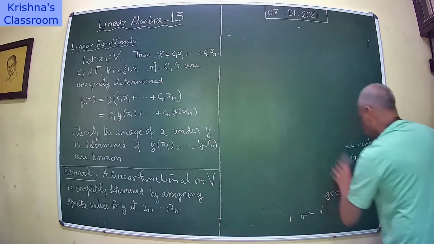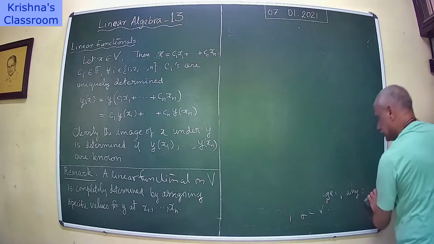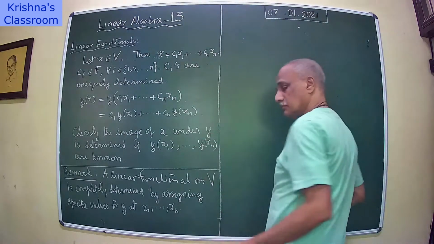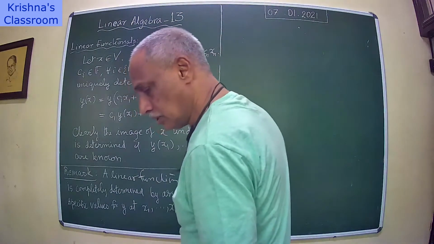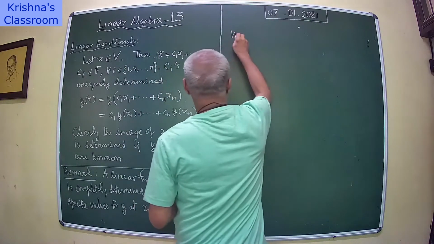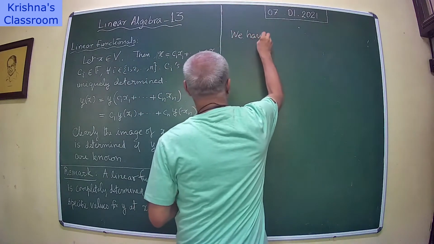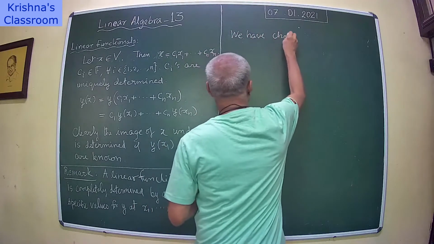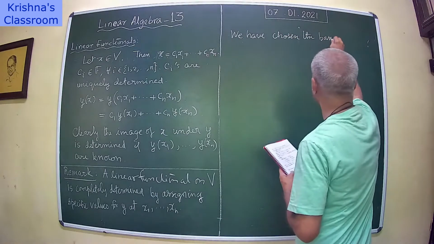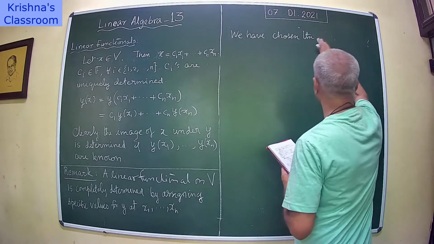So we use this to construct a basis for B prime, if possible. So now what do we do? So we have an ordered basis.